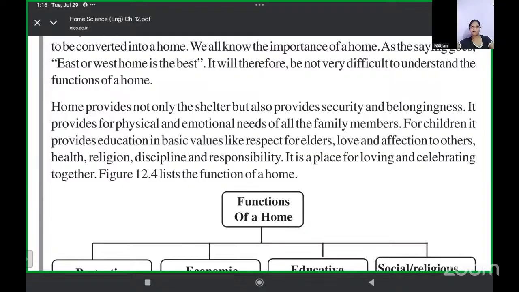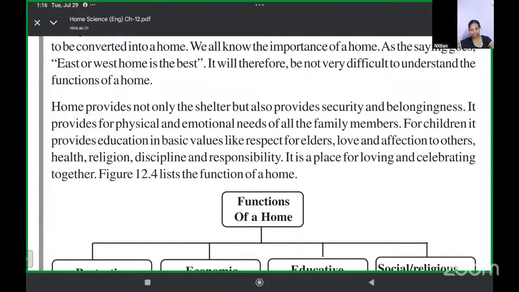Because from home we learn to respect others, we learn about love, affection, health, religion, discipline, and responsibility. Major portions of these values we learn at home. When we see our mother and father, we learn from them. When we see our family, we learn from them. The little children learn from them and they develop.